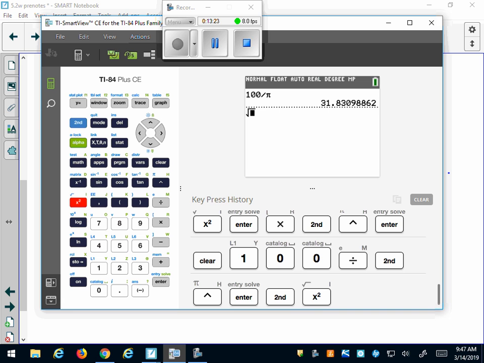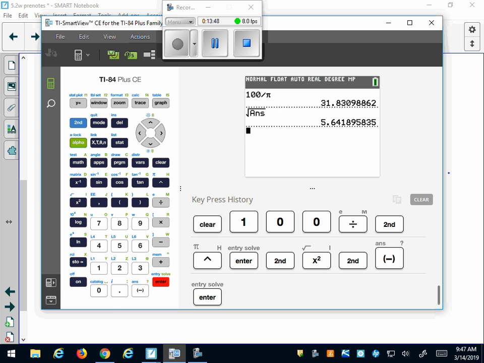And it is your second function, and then the negative sign right down here. See how it says ANS above that? That means answer. So it's going to take your last answer now and insert it here. That's a really good, helpful hint because you don't want to waste a lot of time retyping in some stuff. So square root of the last answer now is 5.64.